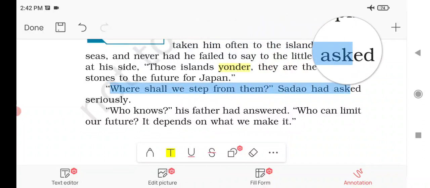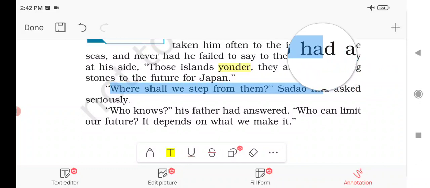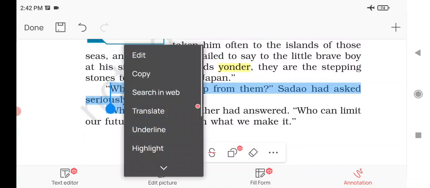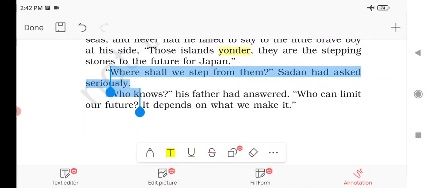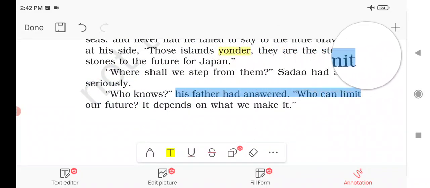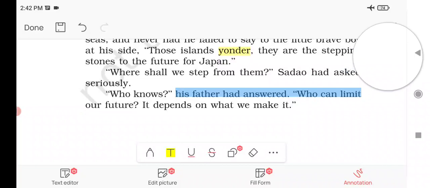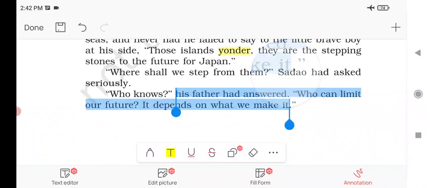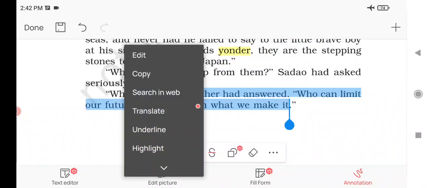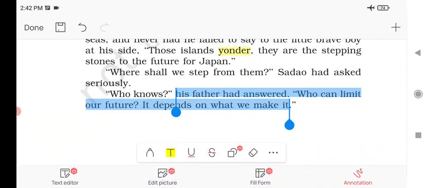"Where shall we step from them?" Sadao asked. Sadao was a kid, so he would ask his father where they would reach from those islands, and the father used to answer, "Who can limit our future? It depends on what we make it." So according to him, the future has no limit. It is up to you how you want to shape it.